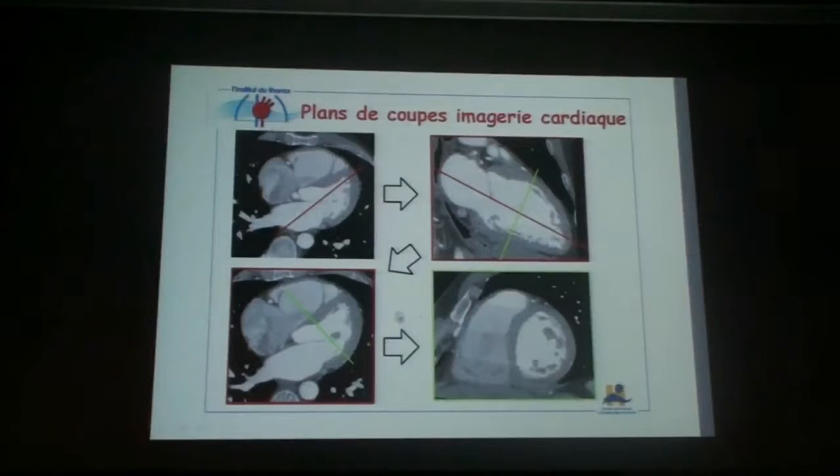So let's go now to the orientation of the slices that we want to work with when we're doing MRI. It's very simple. The best way to learn about these orientations is to work on CT, so I'm going to show you some CT slices first. This is an axial plane, and on this plane you're going to trace a line that goes from the center of the mitral valve, which you can recognize over here, with the long mitral valve and the small mitral valve, to the apex of your left ventricle.